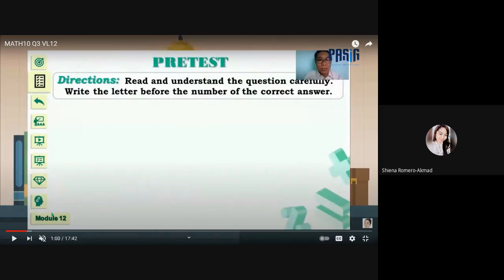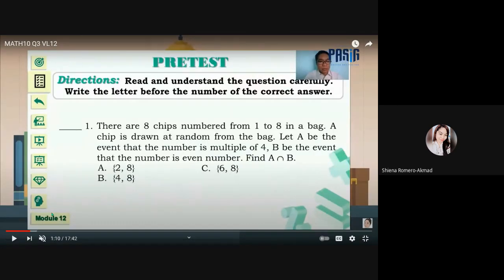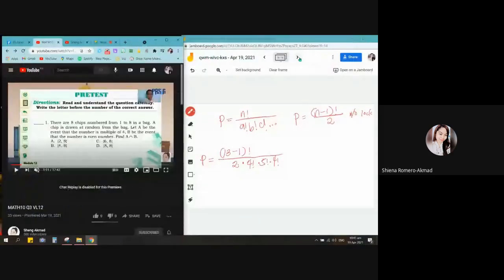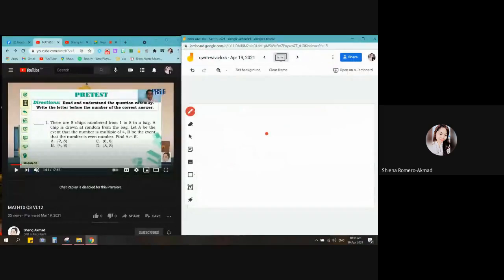So for the pretest number 1, there are 8 chips numbered from 1 to 8 in a bag. A chip is drawn at random from the bag. Let A be the event that the number is a multiple of 4. Ano yung mga multiples of 4? Yung event A, ganito paano nyo sinusulat yung mga events ha.